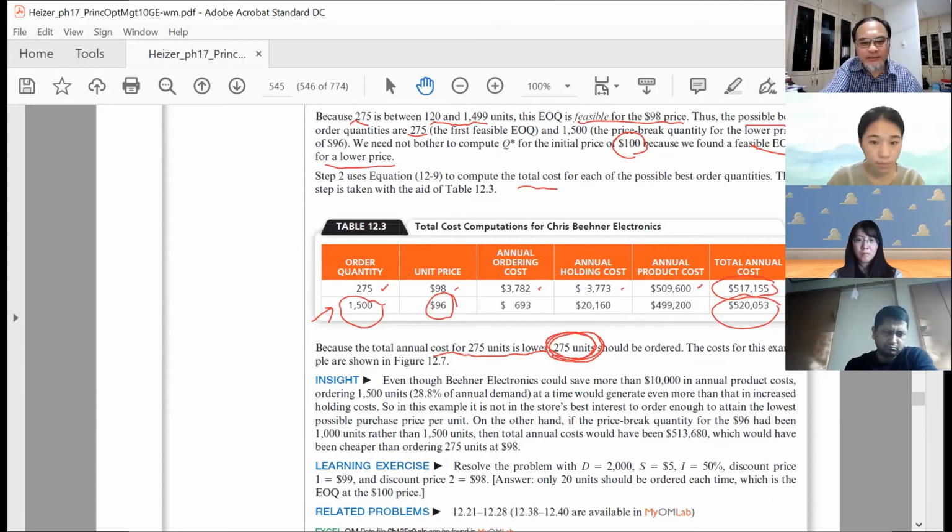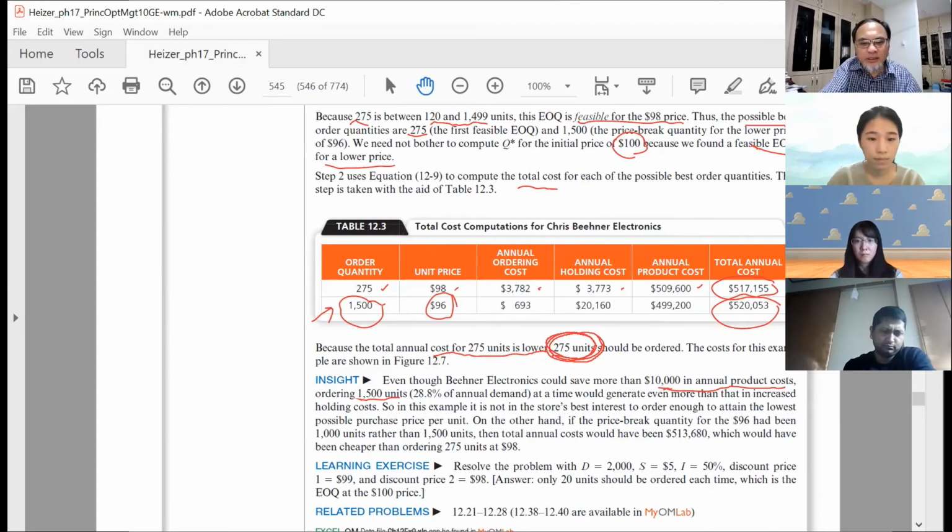If you read further, even though Bechtel Electronics could save 10,000 in annual product cost by ordering 1,500 units, at the same time it would generate even more in increased holding cost. So in this example, it is not in the store's best interest to order enough to obtain the lowest possible purchase price.